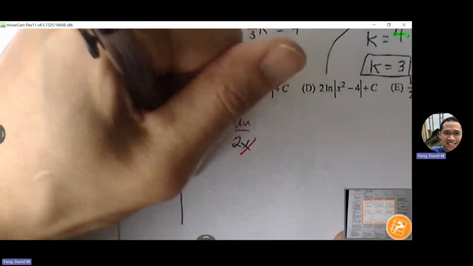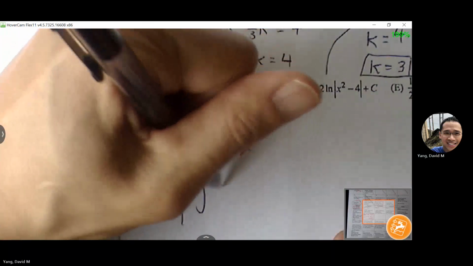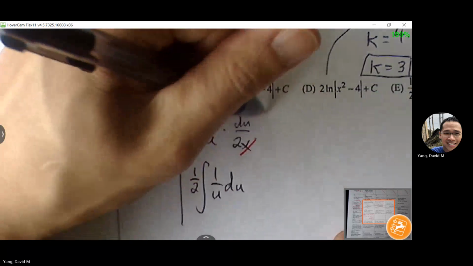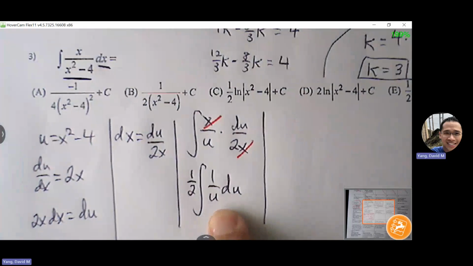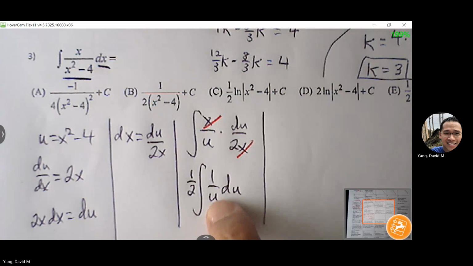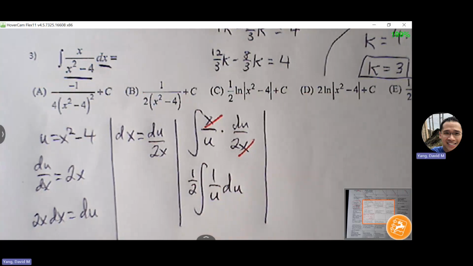There's leftover 1/2. What's the integral of 1 over u turn into? Here we can use what rule? Natural log, right? What if that u was a different power? What if it was u to the 1/2 or u squared or u cubed? I got to do what?